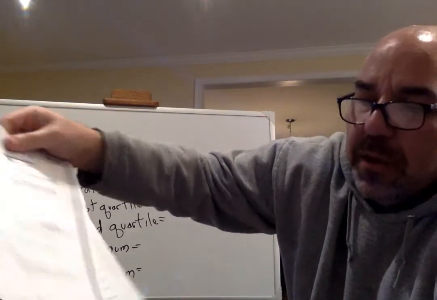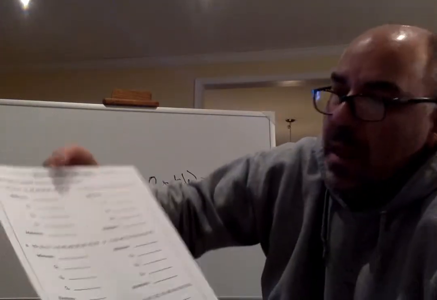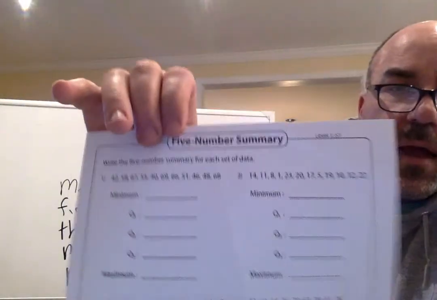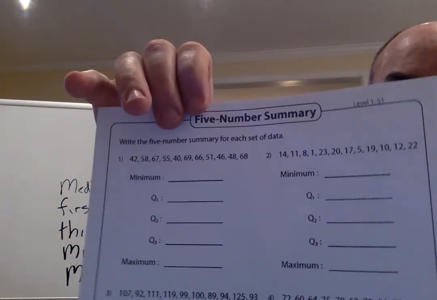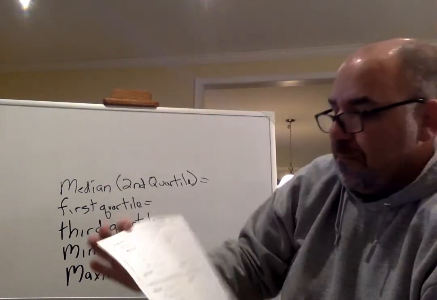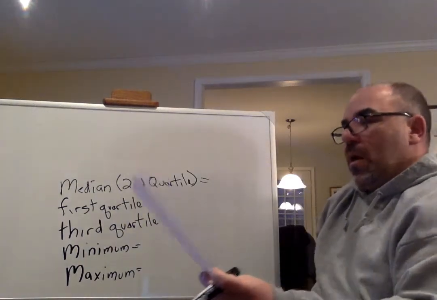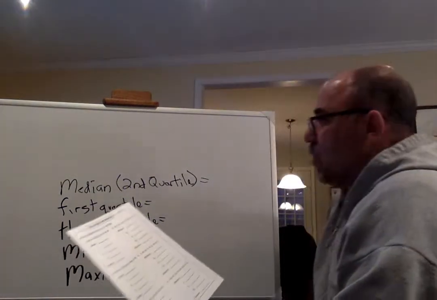Now, what I'd like you all to do is take this page and take a look at it. We're going to do number 2 together. So, first thing we're going to do is look. Again, I'm on number 2.